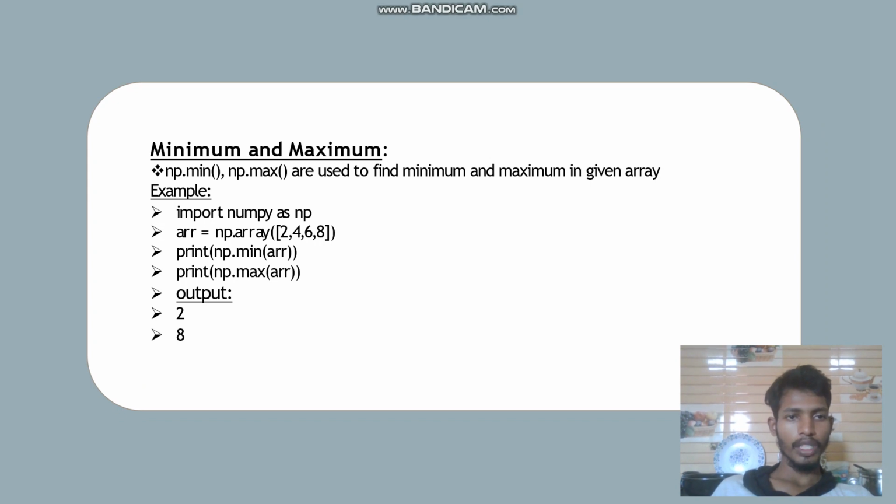Minimum and maximum. np.min and np.max are used to find the minimum and maximum in a given array. For this, we are considering an example. Import numpy as np, array equals np.array of 2, 4, 6, 8, and we call np.min of array. We get 2 as output, and we call np.max of array.